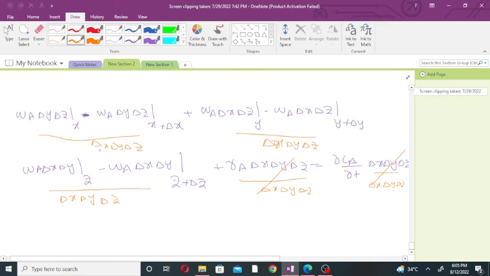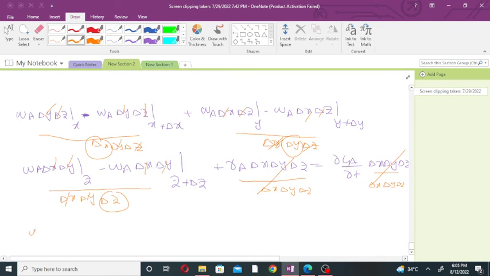So the delta y and delta z will cancel with this one, and then in the denominator only this delta x will come. The xz term will cancel with xz, and here only delta y will come. The x and y term will cancel with this one, and here only delta z will come.